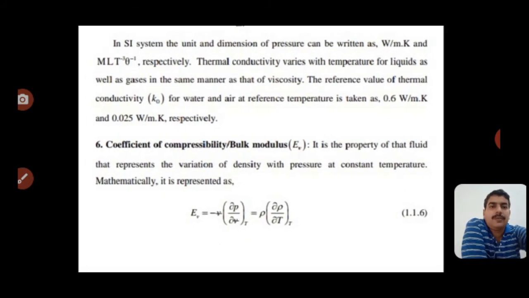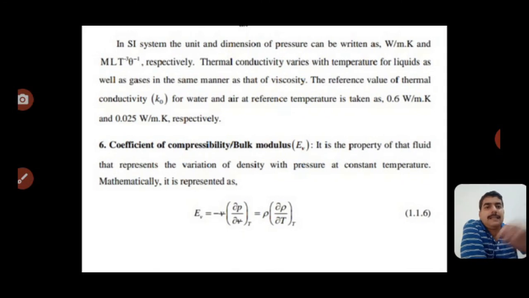Next one is the coefficient of compressibility, that is the bulk modulus. The bulk modulus, or coefficient of compressibility, will be explained in detail in the next lecture along with numerical problems, but a brief introduction is given here.